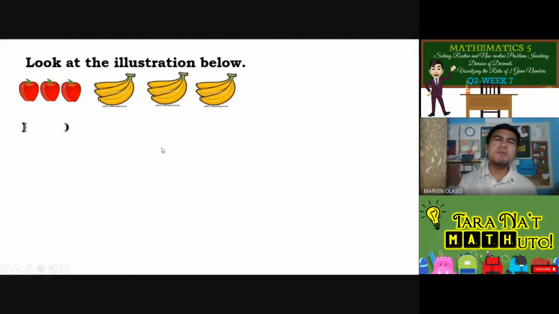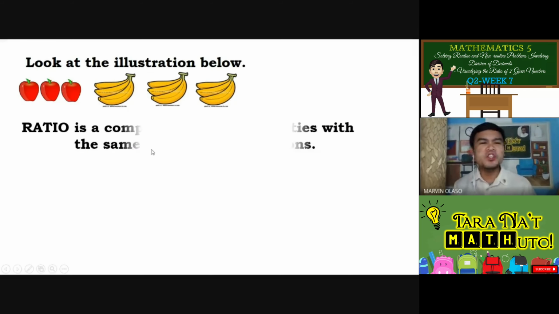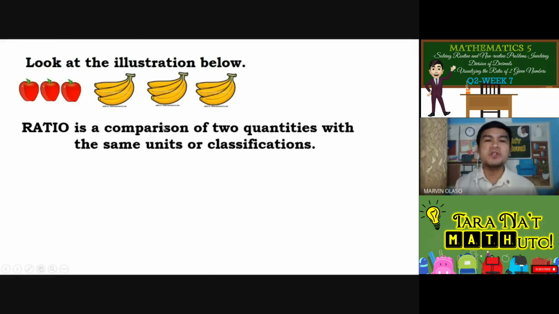Now, let's talk about this ratio. What do we mean by ratio? Ratio means it is a comparison of two quantities with the same units or classification. When we compare two quantities with the same unit and classification, then we are using a ratio.